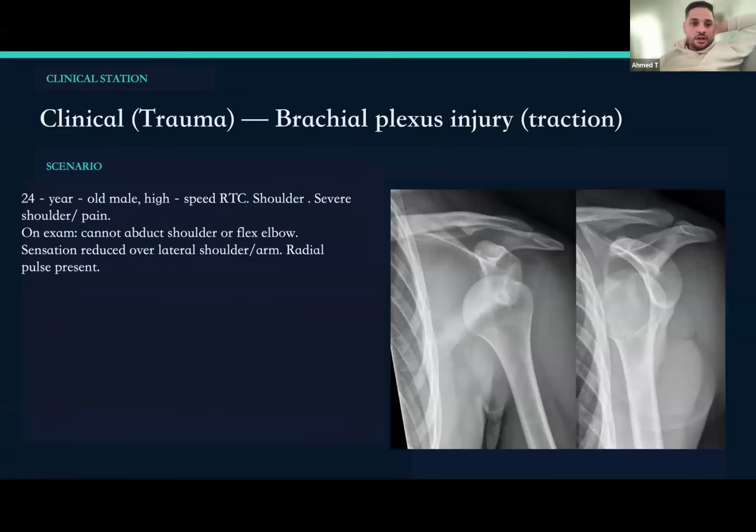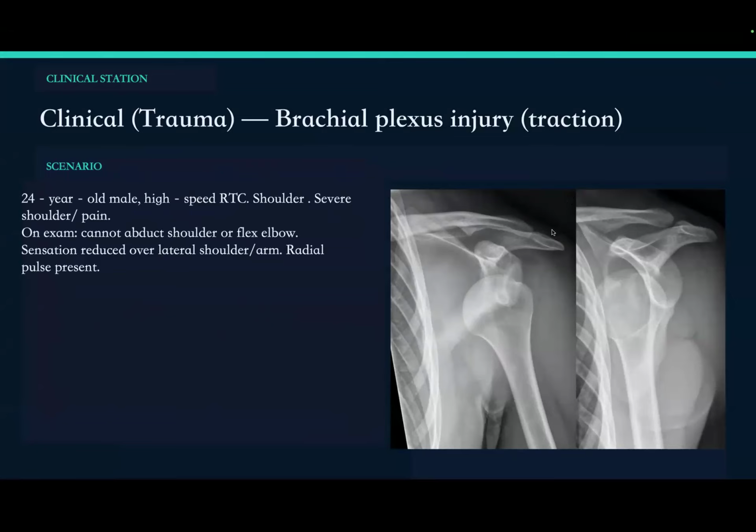So 24 years, high energy trauma with right shoulder pain. Can someone comment on this X-ray, please? Yeah, I can try. So this is AP and lateral view of the left shoulder of skeletally mature individual.